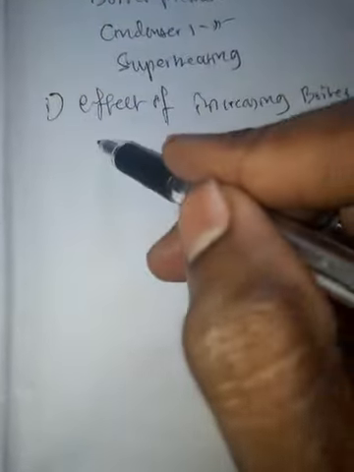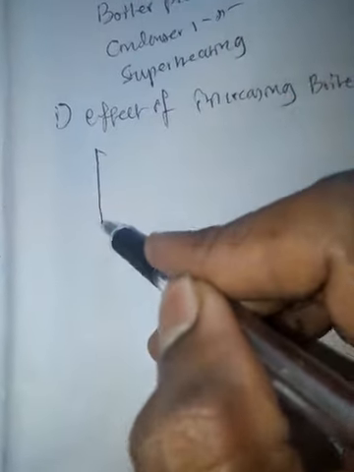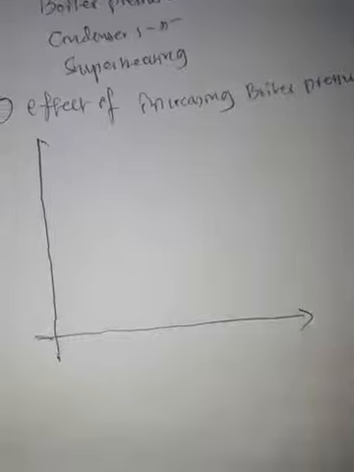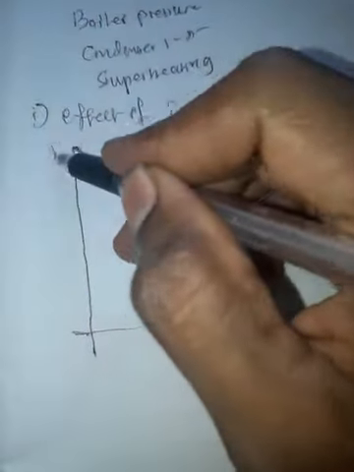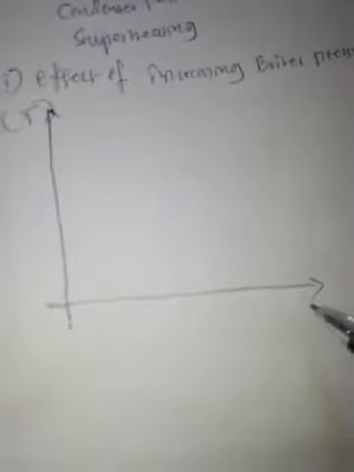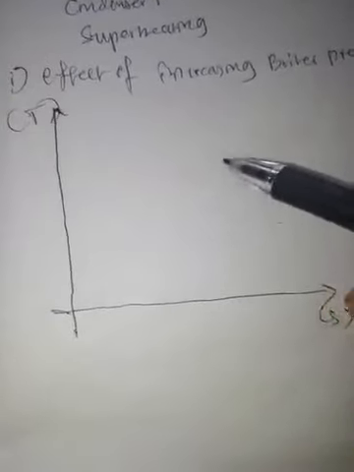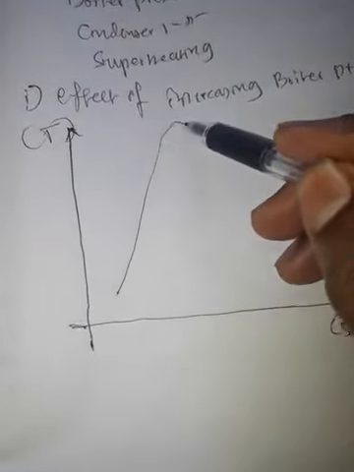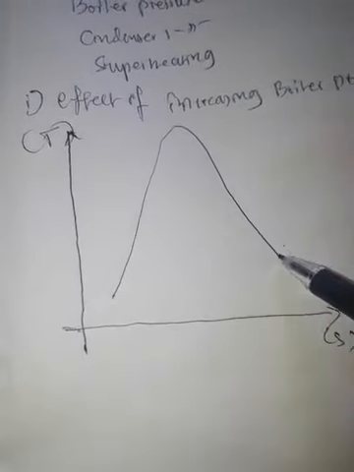Now let's discuss about the effects. For discussion, let me draw the temperature entropy diagram. This is temperature entropy diagram. So this is the vapor dome, saturated liquid line, this is saturated vapor line.